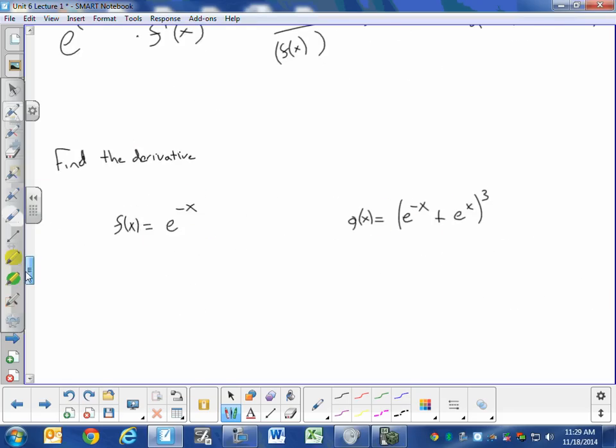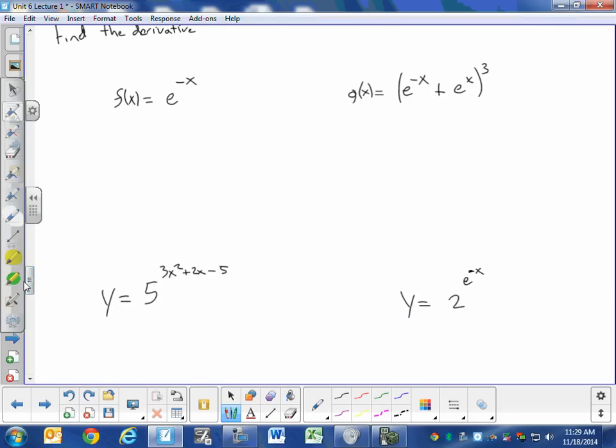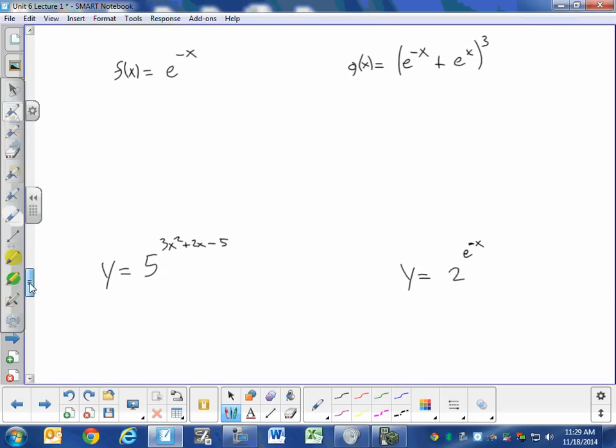Okay, a couple more. Let's do e to the negative x. This is a very common one. You'll have to take the derivative of e to the negative x. A lot of people make mistakes on it because they think the derivative is just e to the negative x, but you know that's not true, Ms. McMaster.